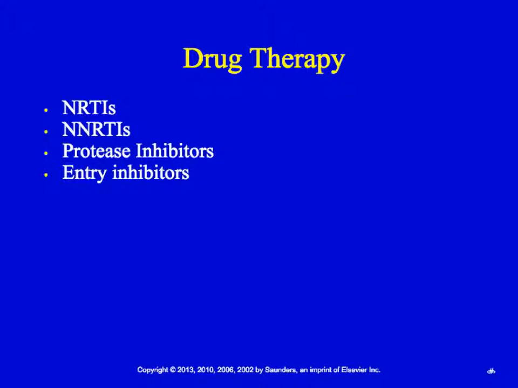Your book has a great chart beginning on page 372 of all the meds used currently for HIV infection. A couple of them that I'll just point out: one of the entry inhibitors, enfuvirtide, sorry I can't say this very well, is one of the early entry inhibitors that is actually a subcutaneous injection.